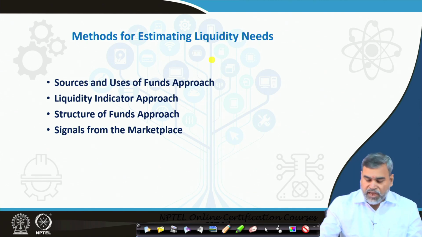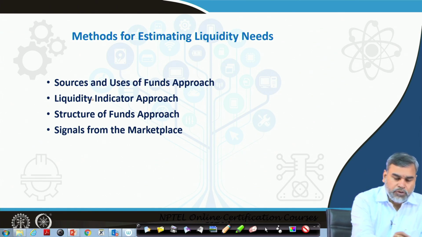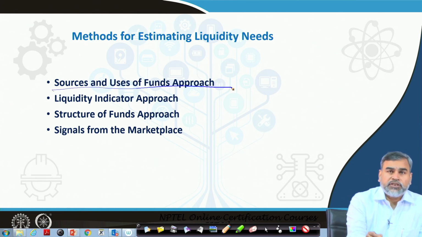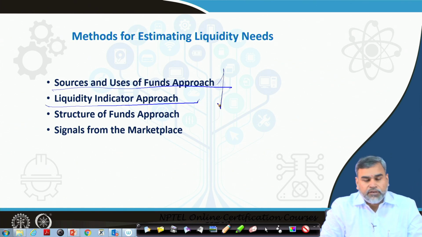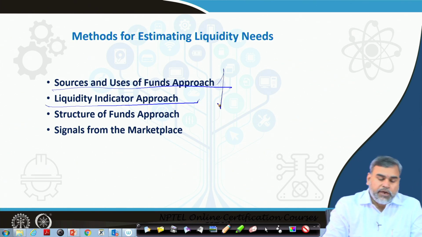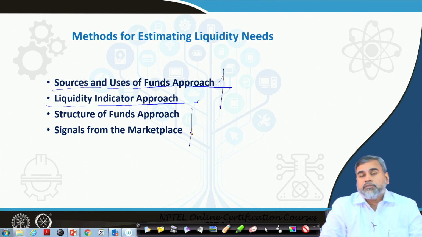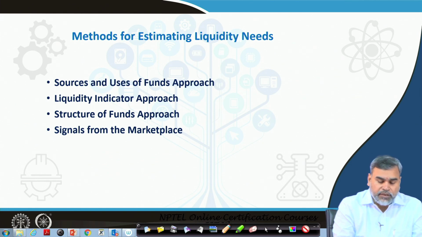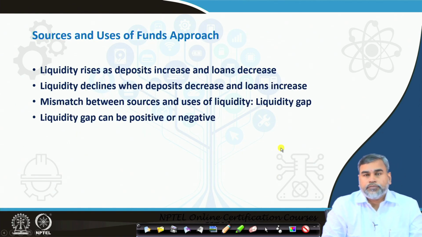But in today's class, we will be discussing the first two, the sources and uses of funds approach and the liquidity indicator approach. In today's session, we will cover these two, and next we will cover the structure of funds approach and the signals from the marketplace approach. So, let us see what we mean by the sources and uses of funds approach.